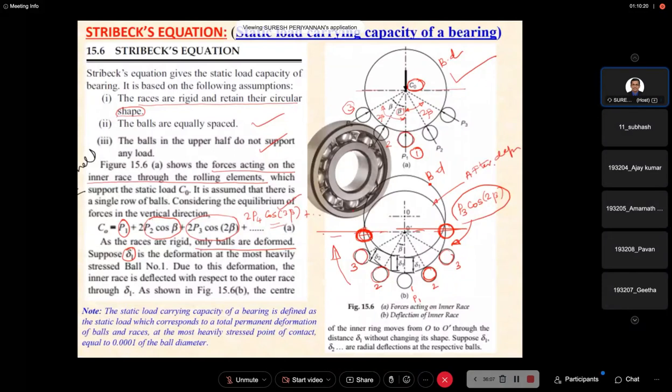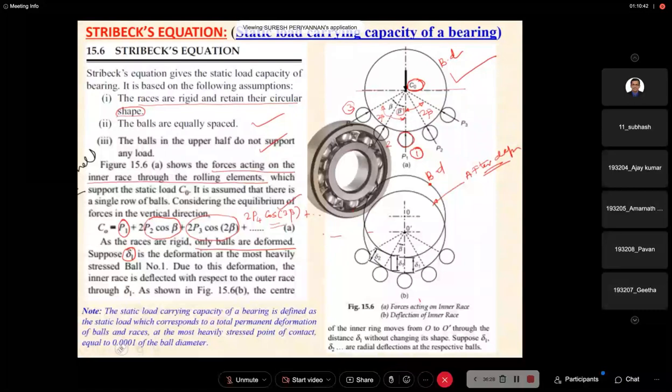Now we are considering the deformation of the ball. The deformation of ball 1 is delta 1, and for the ball here also it is delta 1.